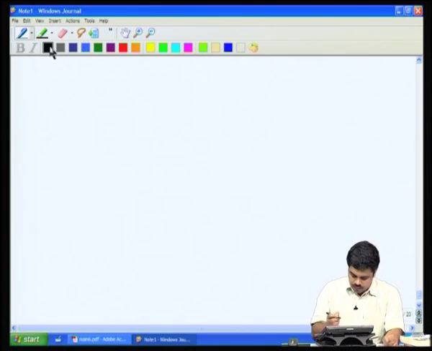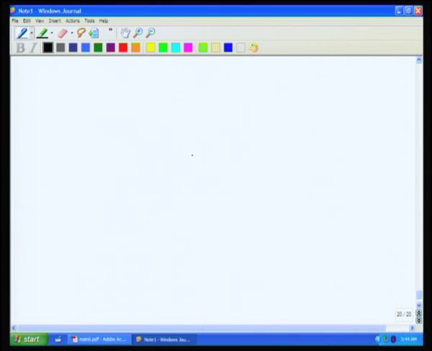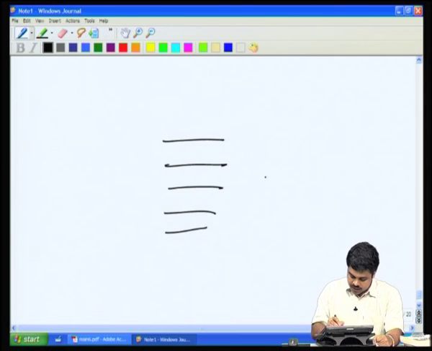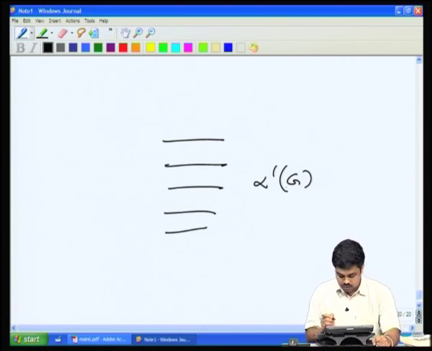Suppose you get a biggest matching in the graph. This is the alpha dash of g matching. Then you can show that from this you can get an independent set.